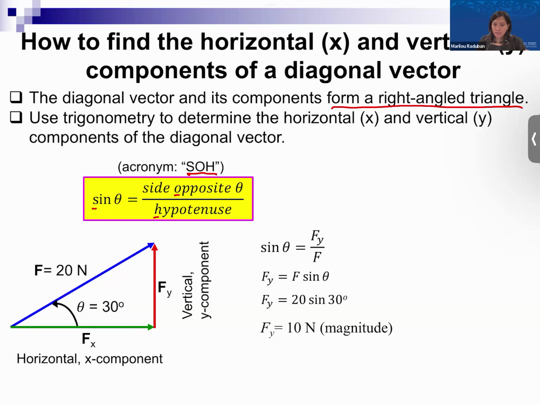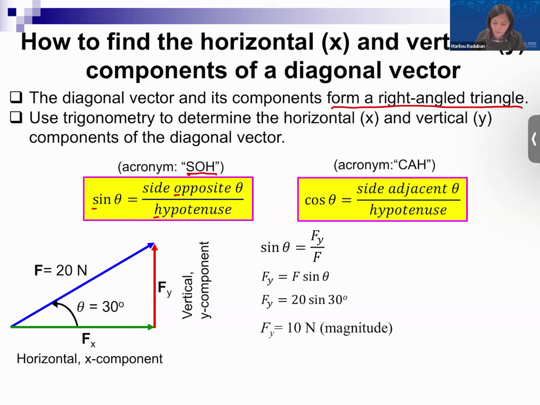A final check will be to see the sign, whether the y component should be positive or negative. All right, notice how the y component vector is pointing upwards, so that should be a positive 10 newtons.